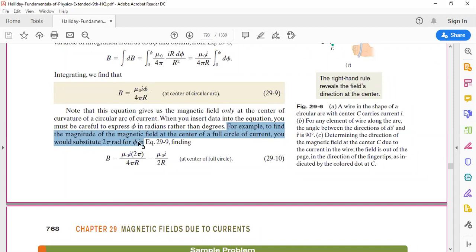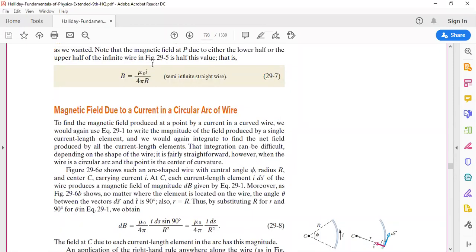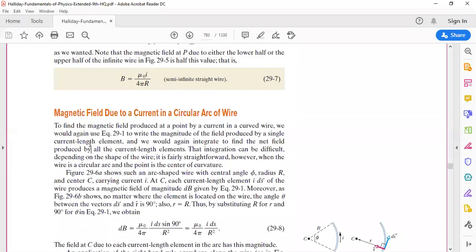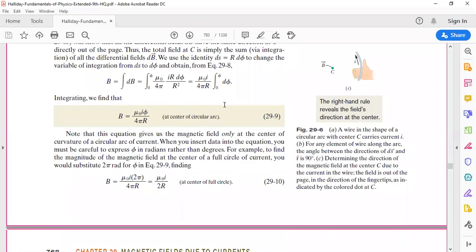Then simply you put 2 pi instead of pi, and you will get this equation: 2 pi mu naught I over 4 pi R, which is mu naught I over 2R. Now you can see the difference between the straight line current, mu naught I over 2 pi R, and the circle, mu naught I over 2R.